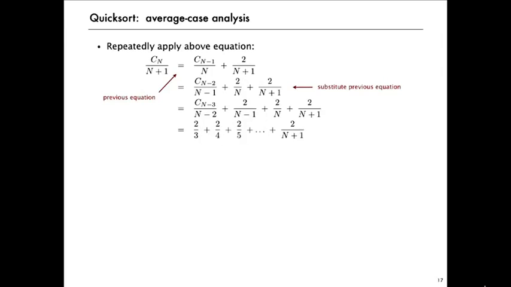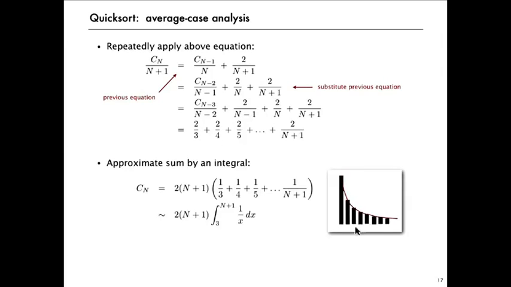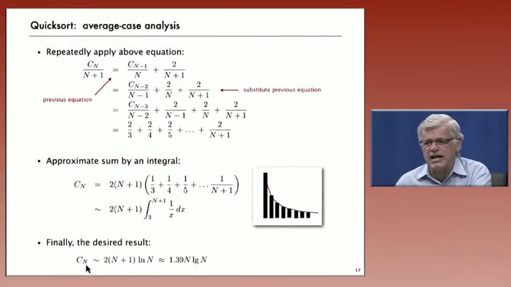Substitute the previous equation, telescope, and then that gives us an easy sum that we can approximate by an integral. It's 1 over x from 3 to n plus 1, and that's a pretty close approximation in this case. And that approximation gives us about 2(n plus 1) natural log n comparisons for Quicksort, about 1.39 n log n.